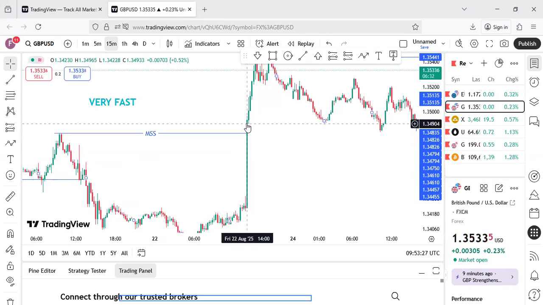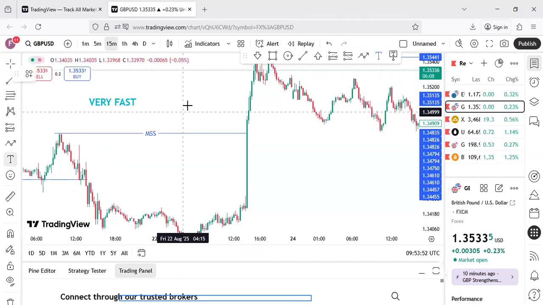Another characteristic of a liquidity void is this: a large empty space with few trading activities.